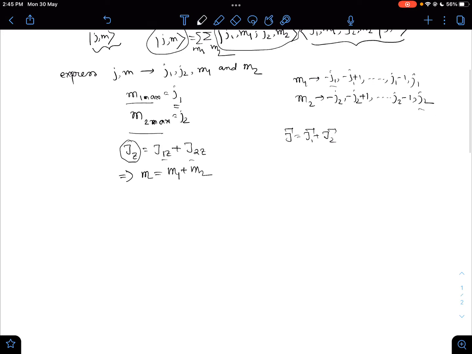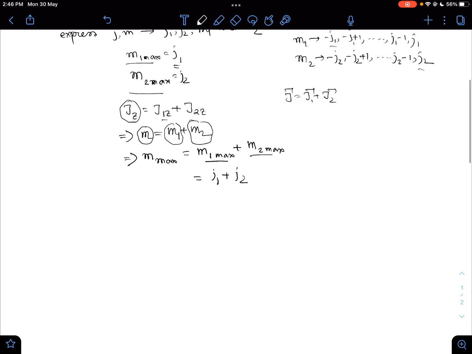Now what will be the maximum value of this? It will be the summation of the maximum value of m1 and the maximum value of m2. That means m can have a maximum value of m1 max plus m2 max, but m1 max is j1 and m2 max is j2.